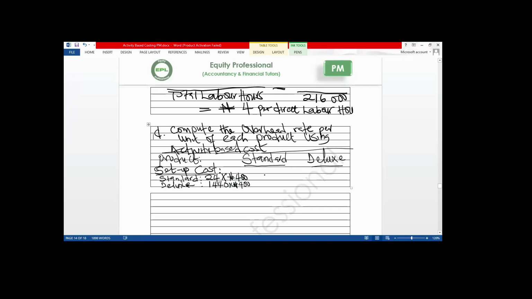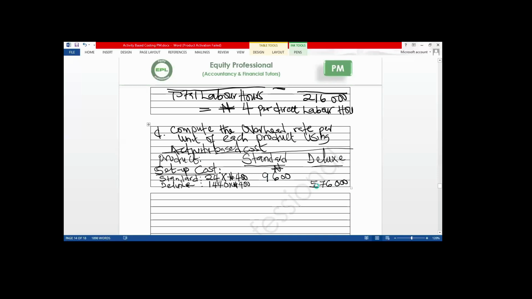What is the total setup overhead cost for standard? Please multiply. 9,600. I'll place it under standard. What is the total setup cost for dealers? 576,000.